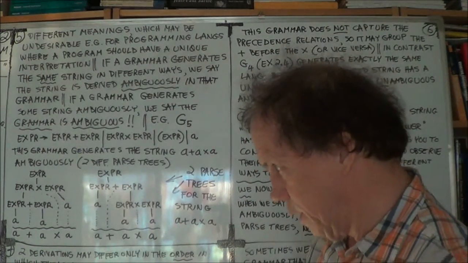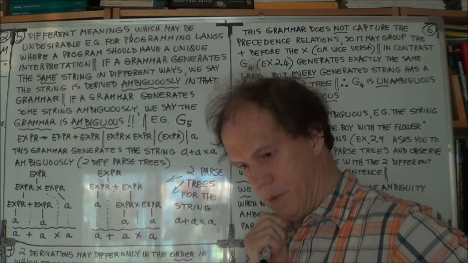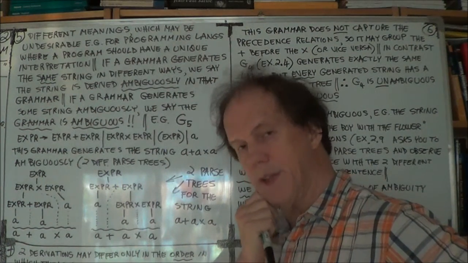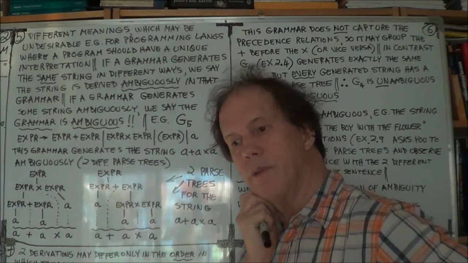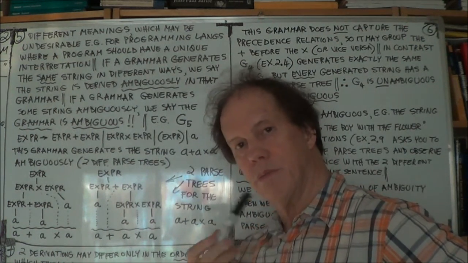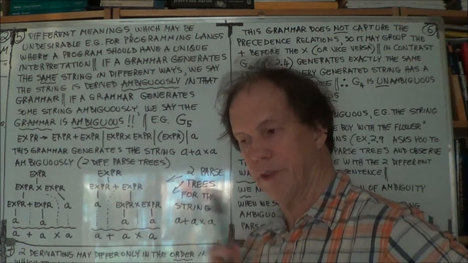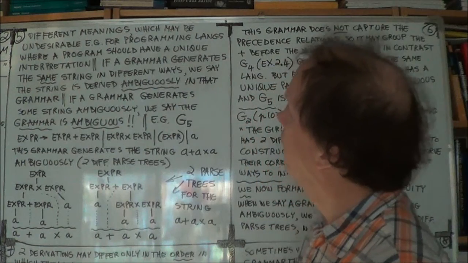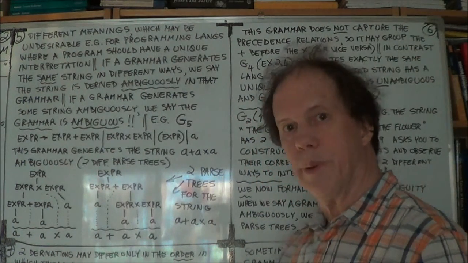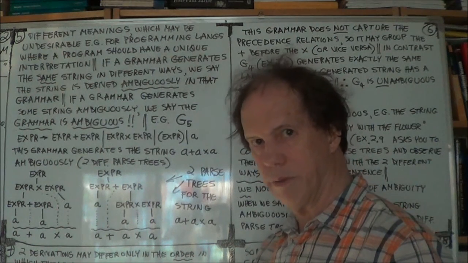Okay, so ambiguity means you can have the same string generated by the grammar that has at least two different parse trees. Okay? Definition of ambiguity. And if you have two different parse trees, that usually means two different meanings.